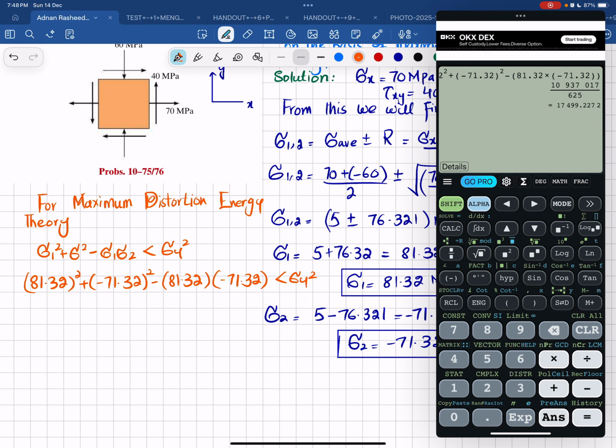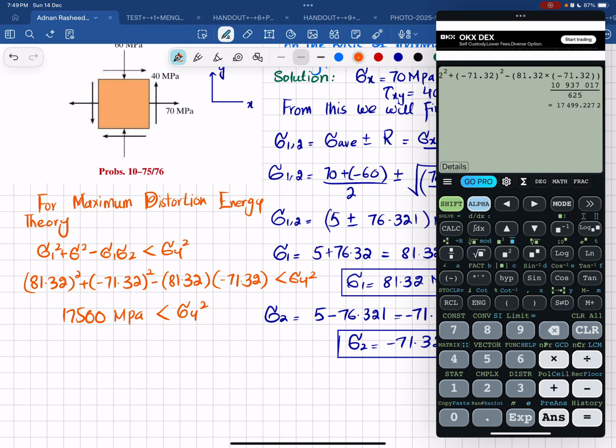So it will be equal to 17,500, I will round it off, 17,500 megapascal square, and that should be less than sigma yield square.